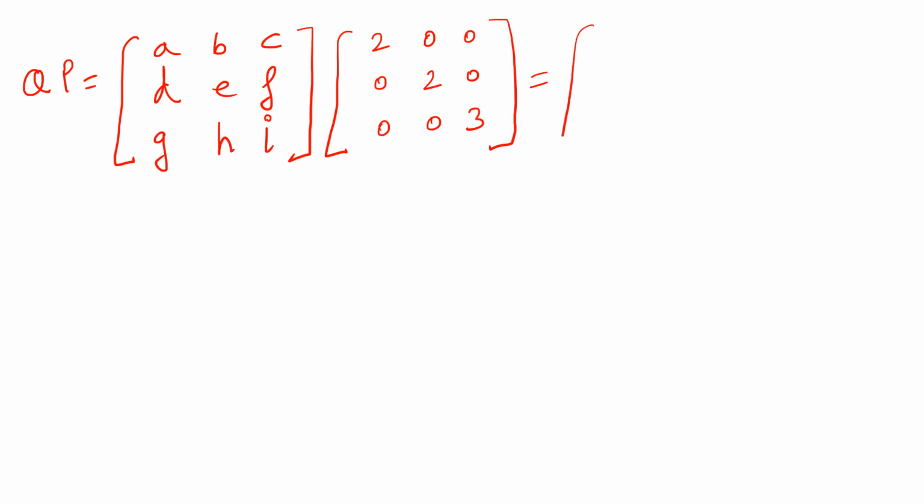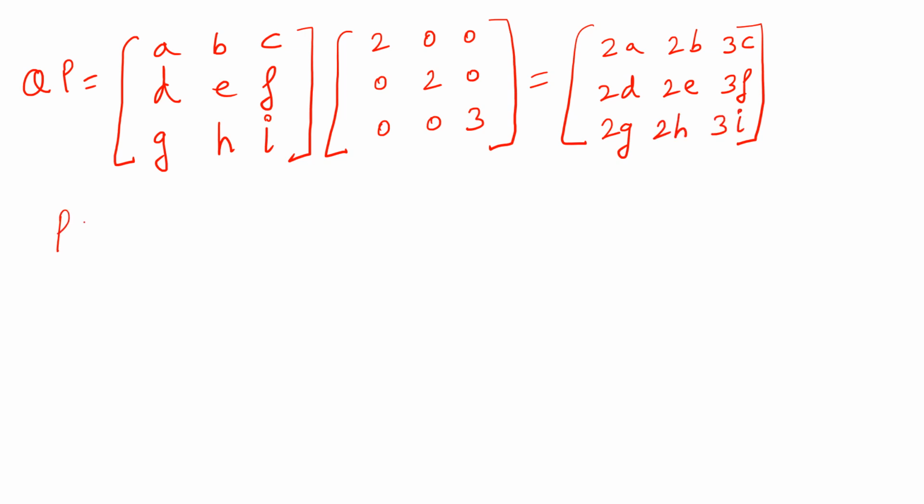Now we get a 3 by 3 order matrix. The elements of the first row are 2A, then 2B, then 3C. In the second row, the elements are 2D, then 2E, then 3F. And in the third row, the elements are 2G, then 2H, then 3I.